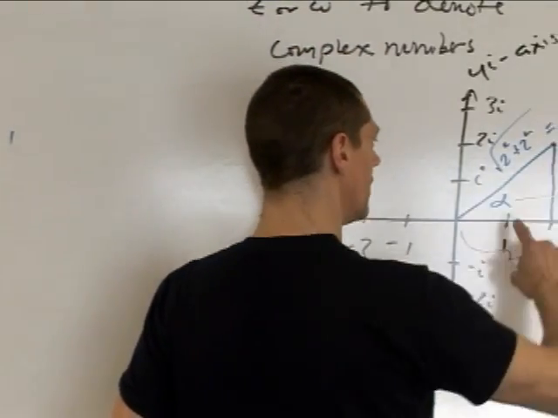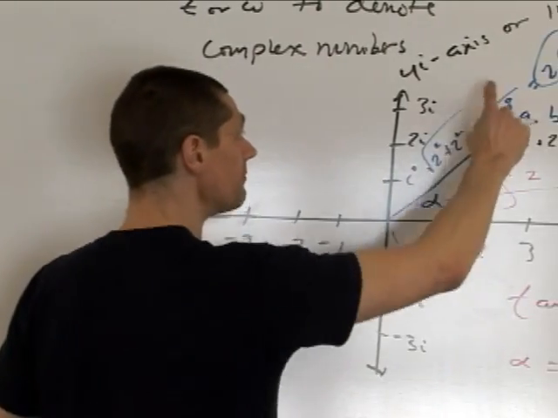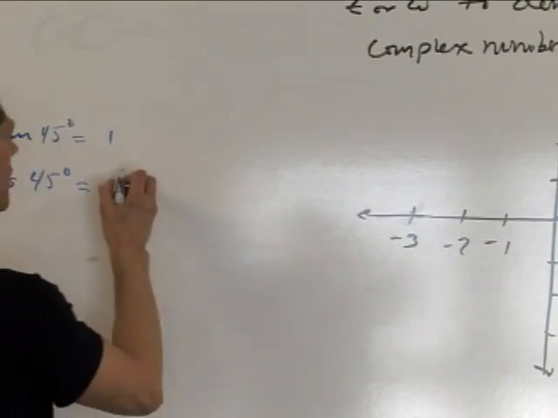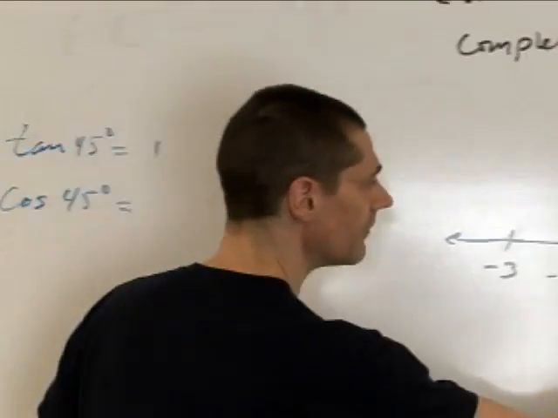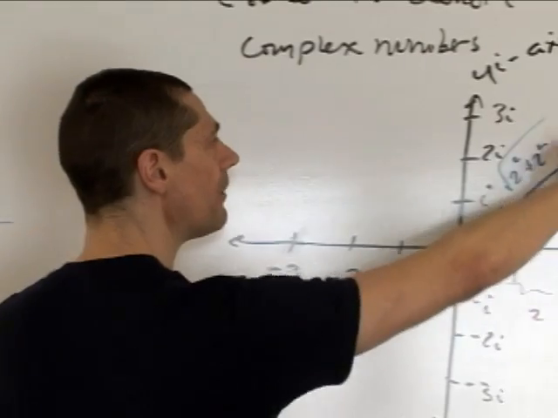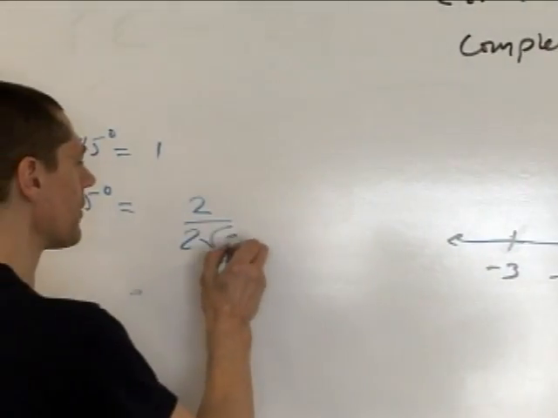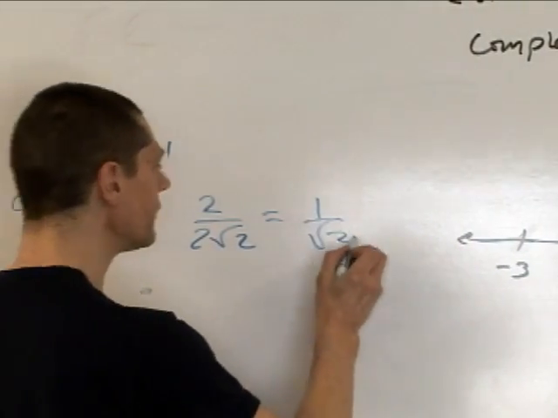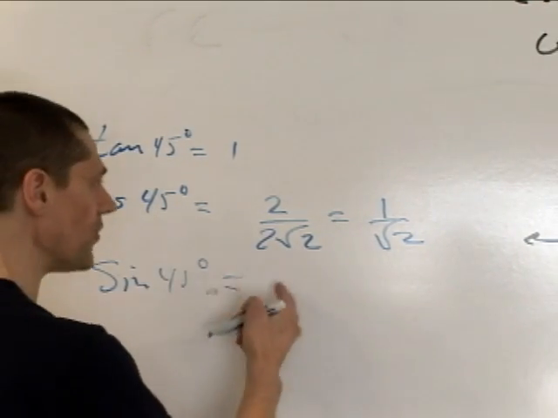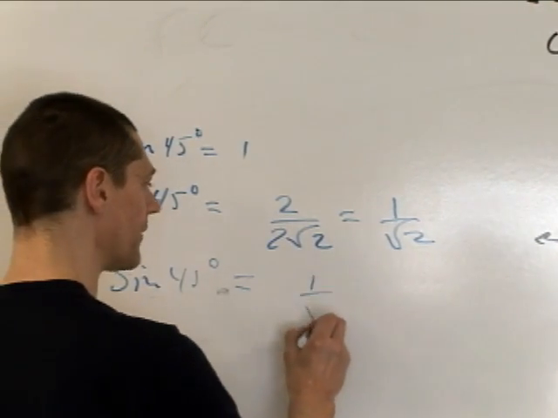Cosine is this divided by this, and you should know it's 1 over the square root of 2, but I'm just going to show you. This is the x part of it, which is 2, divided by the hypotenuse, 2 times the square root of 2. This is, of course, 1 over the square root of 2. And the sine of 45 degrees is also going to be the same: 1 over the square root of 2.